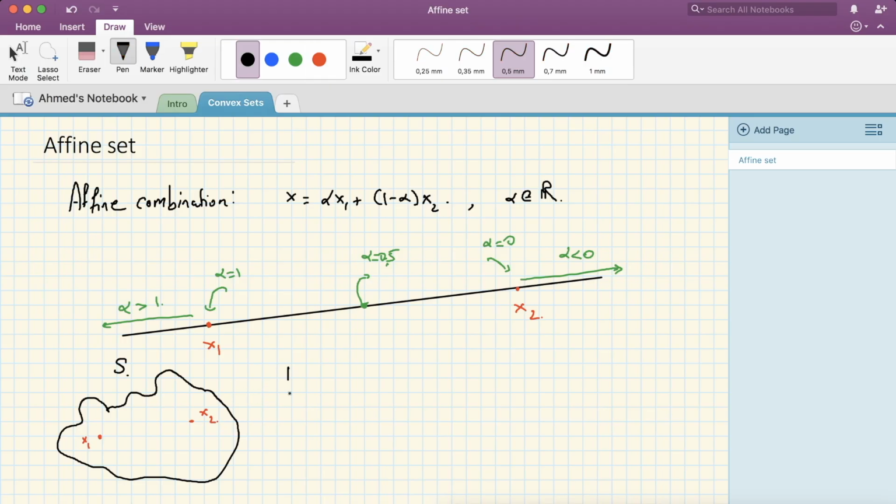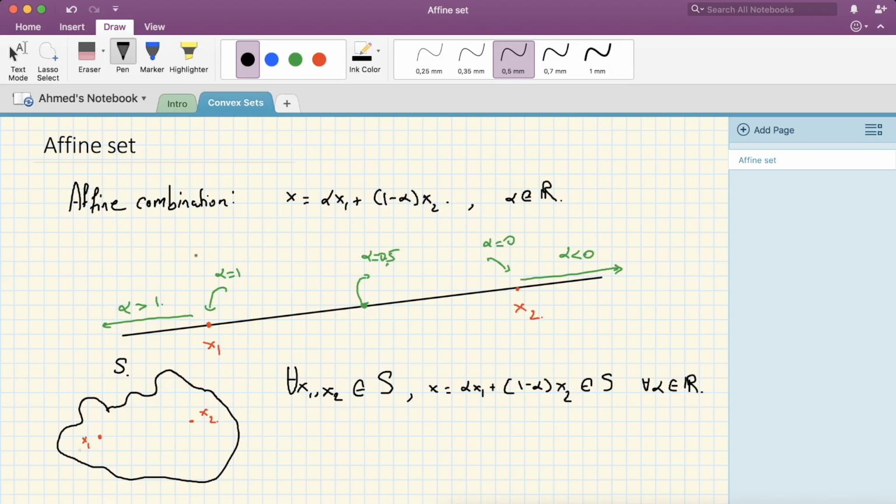So for any x1, x2 in S, the affine combination of x1 and x2 is again in S. All points x equal to alpha x1 plus 1 minus alpha x2 are again in S for any alpha in R.